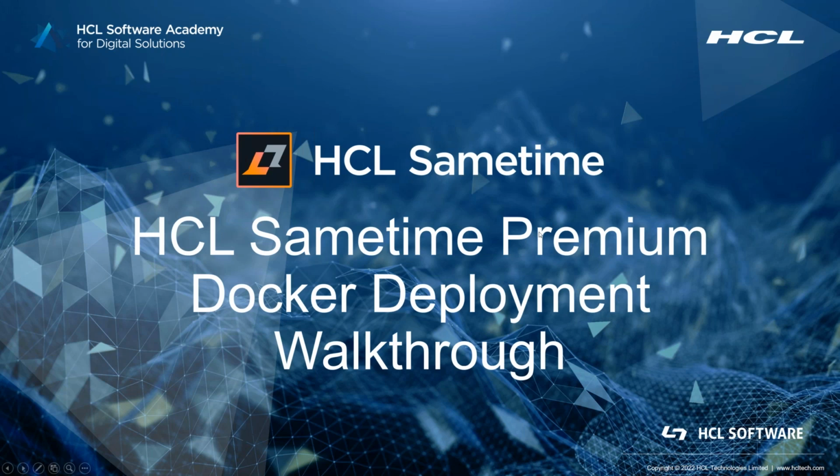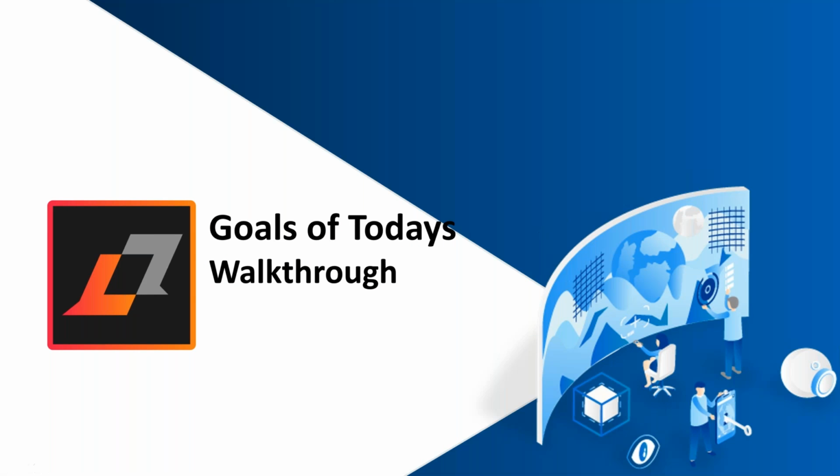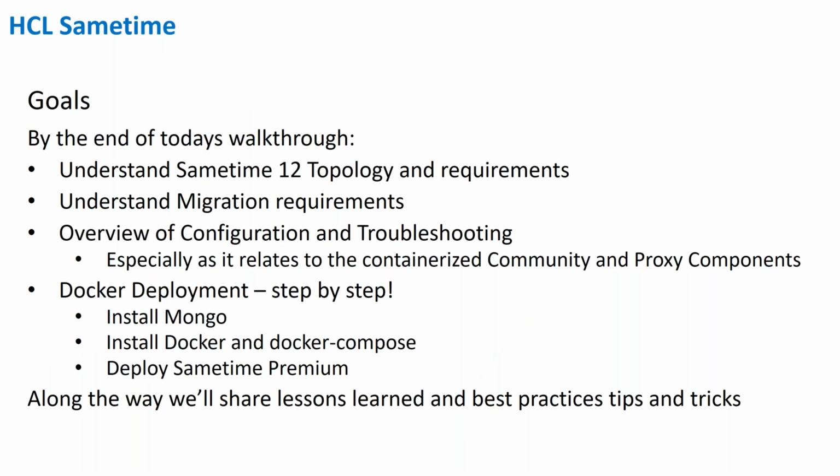Today's goal is very simple. By the end of this next hour and a half, I hope to give you a good overview and understanding of the Sametime 12 topology and requirements that apply to both Kubernetes and Docker. I'll give you a quick overview of some of the migration requirements, configuration, and troubleshooting.